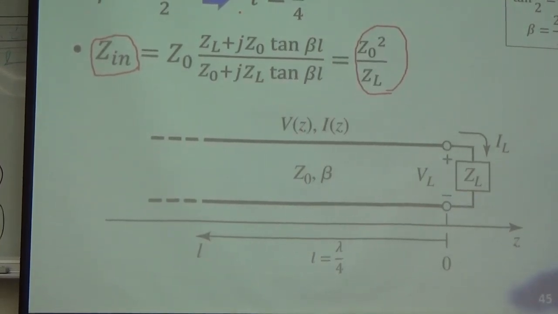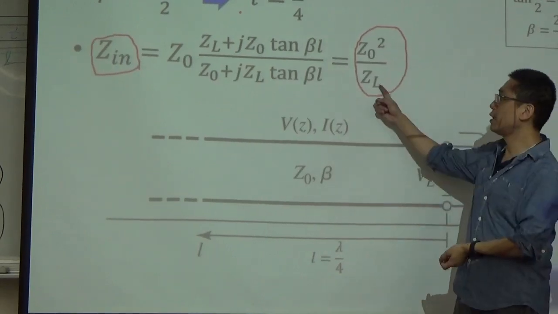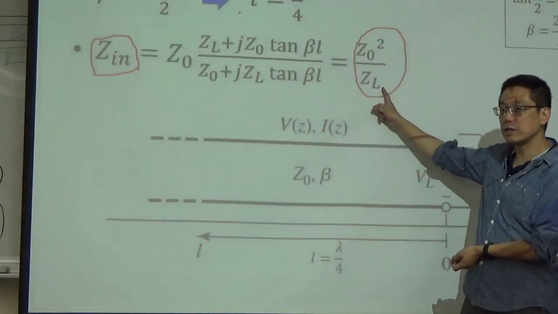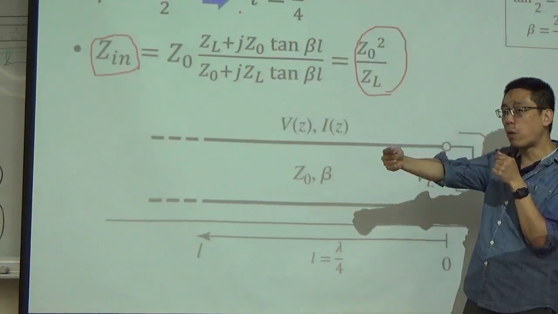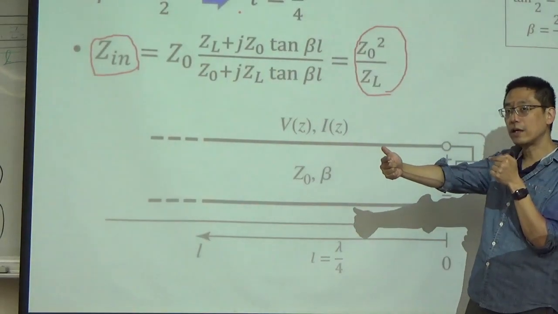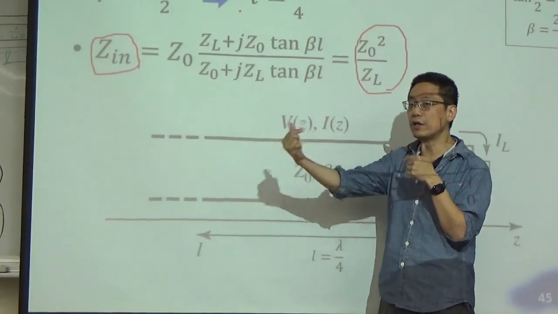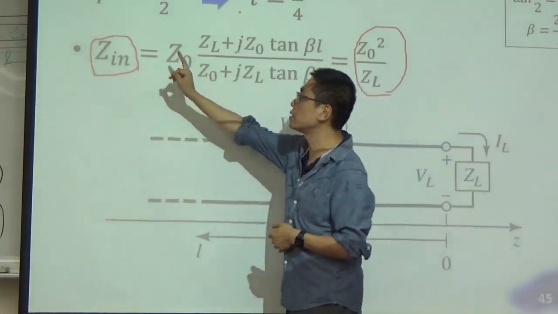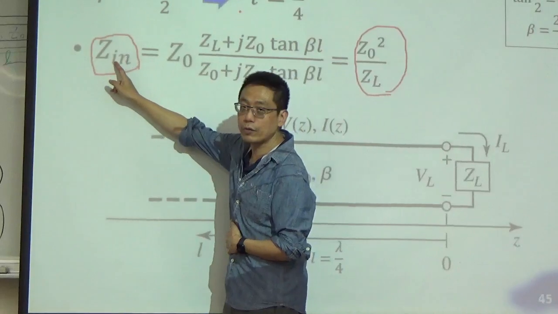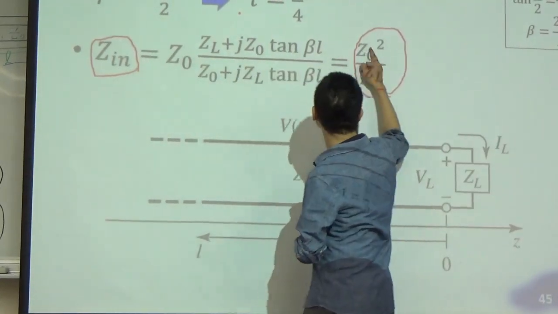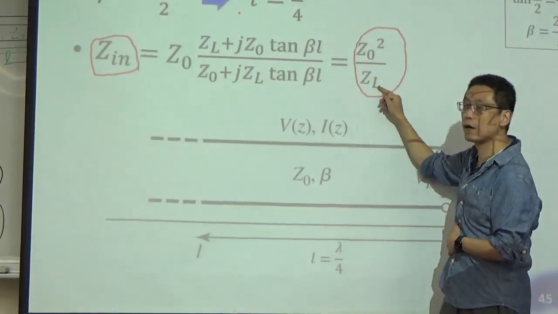If your load is any other impedance, and you have a quarter wave transmission line, you will use this equation to obtain the new input impedance. Z in equals Z0 squared over ZL.